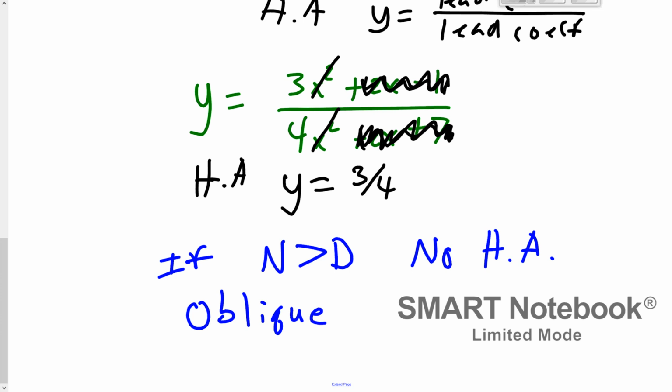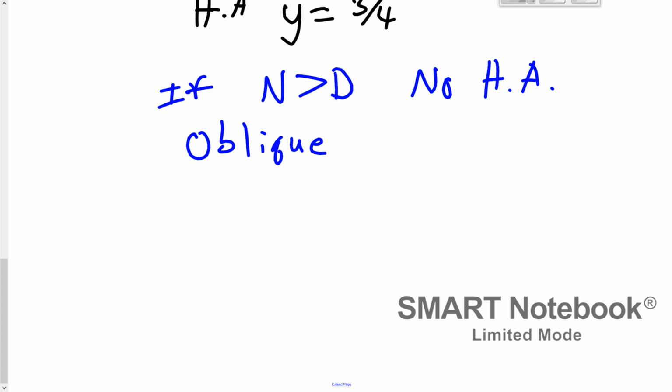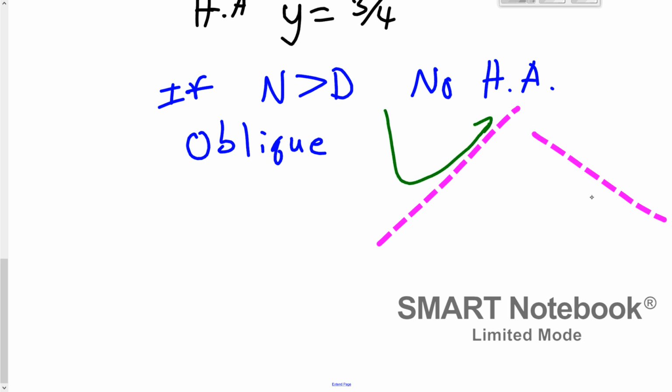So you have an oblique asymptote. What that means is it's not going to be a horizontal line like that or like that as an asymptote. Your graph would approach that asymptote, maybe something like this, and maybe something like this. It's still going to approach it and get closer and closer, but it's never going to touch it.